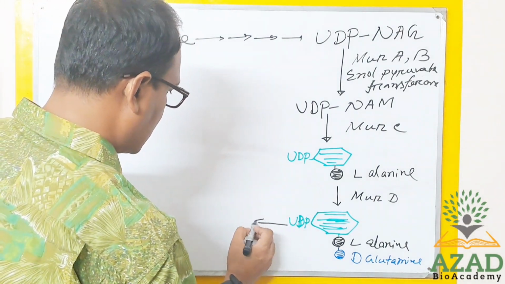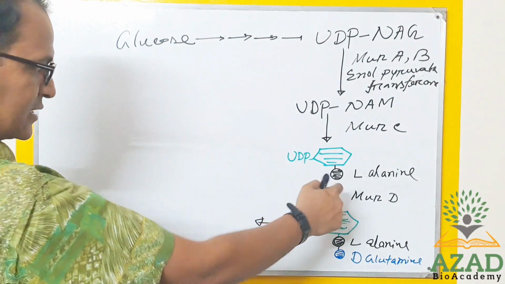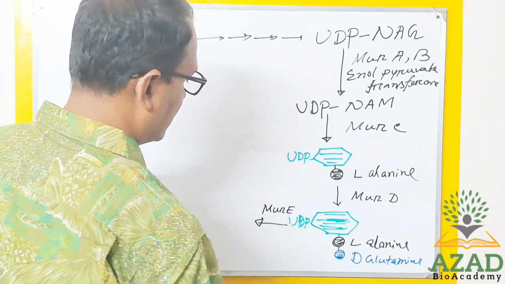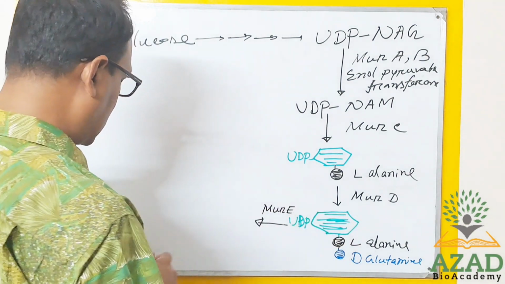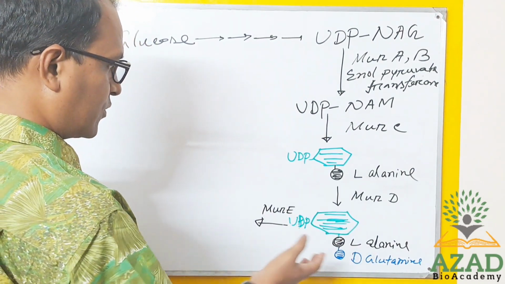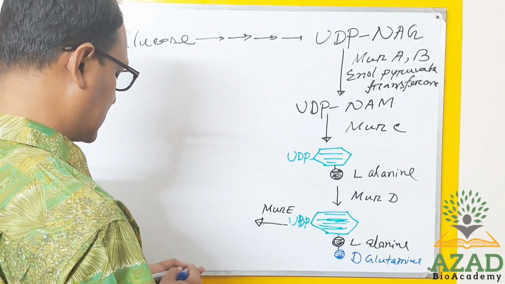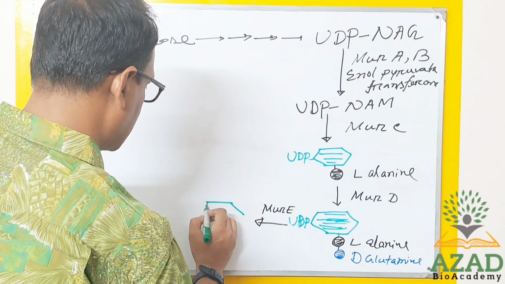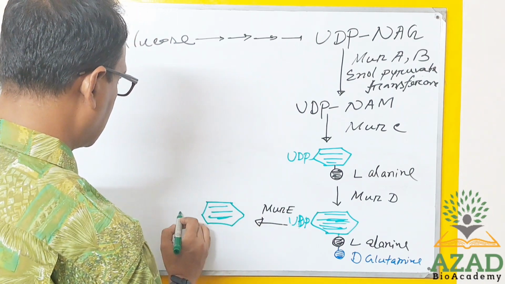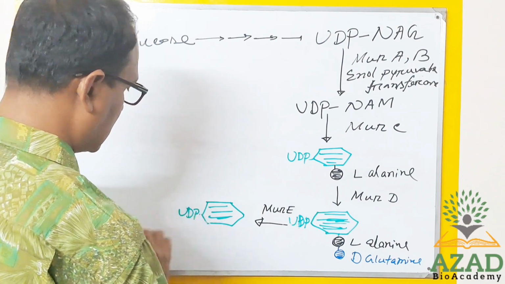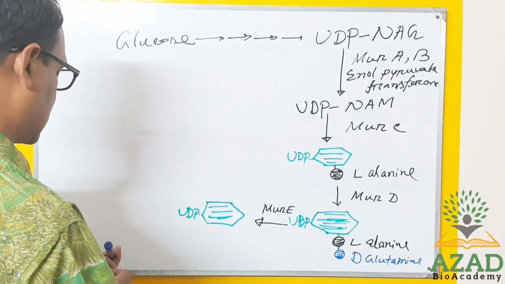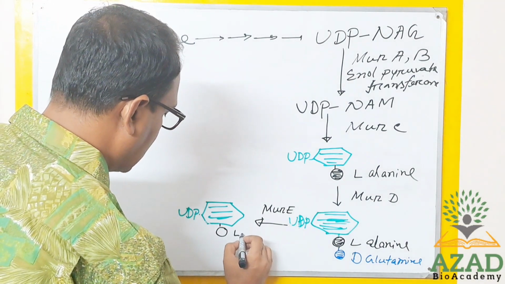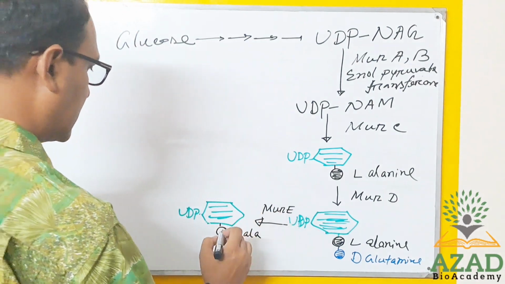Okay, so now again another enzyme will work, that is MUR-E, and it will add another amino acid to the dipeptide chain, which is attached with the N-acetyl muramic acid. So here is the sugar part, and UDP is attached here, and one is ALA, that means alanine.